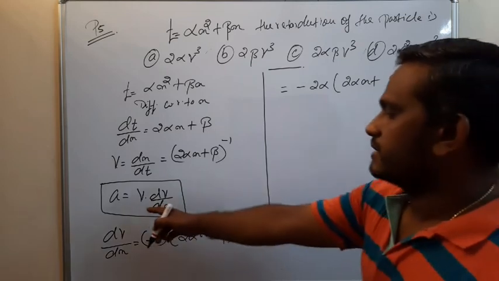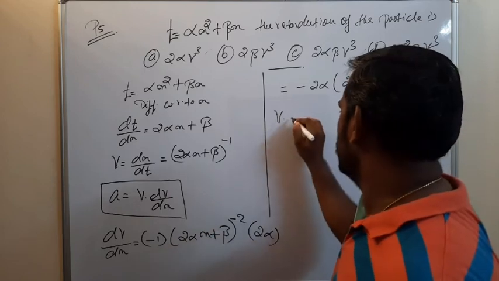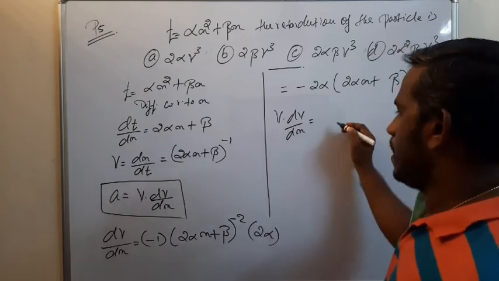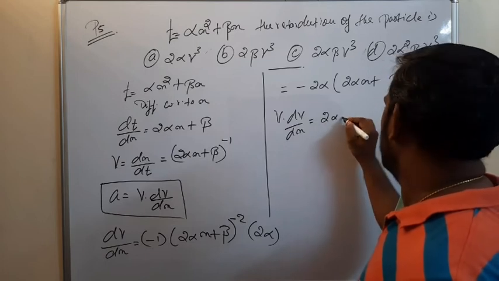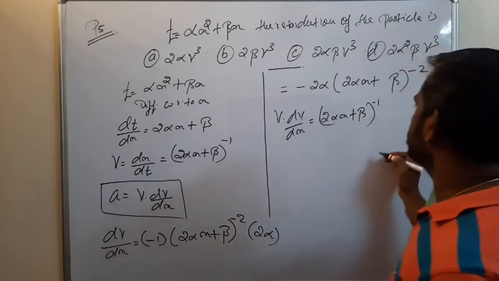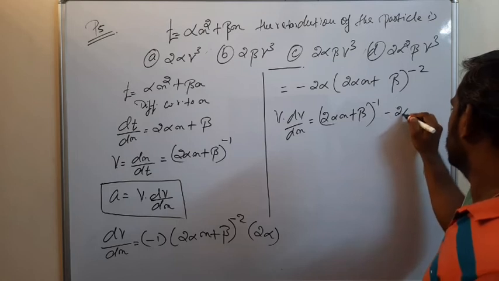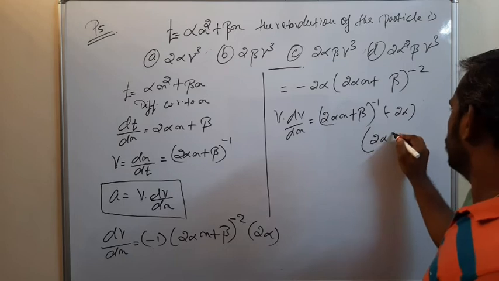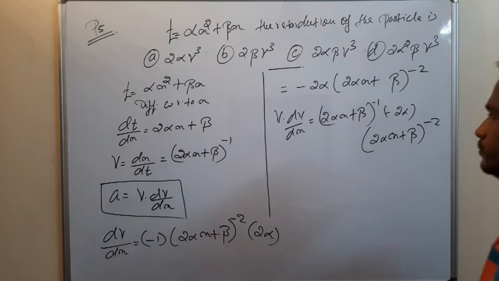So acceleration is equal to v into dv by dx. So this is dv by dx. What is v? v is (2 alpha x plus beta) the whole power minus 1, into minus 2 alpha into (2 alpha x plus beta) the whole power minus 2.